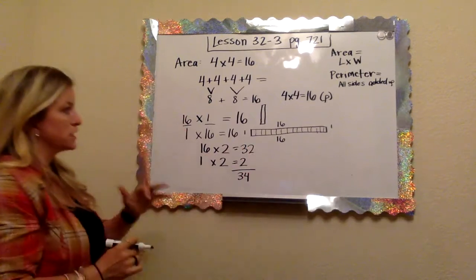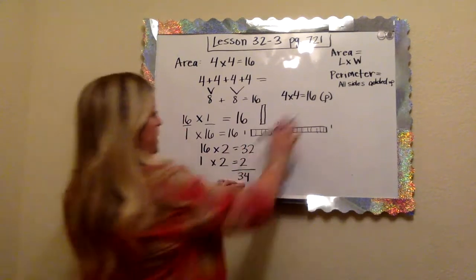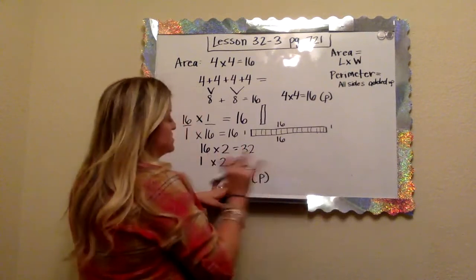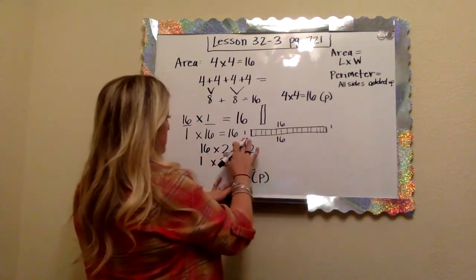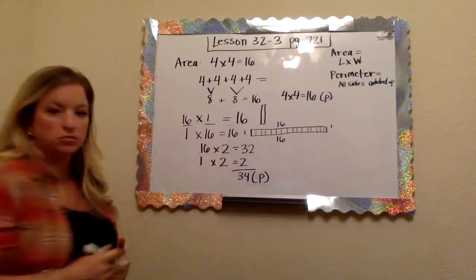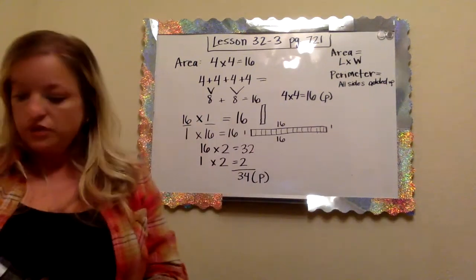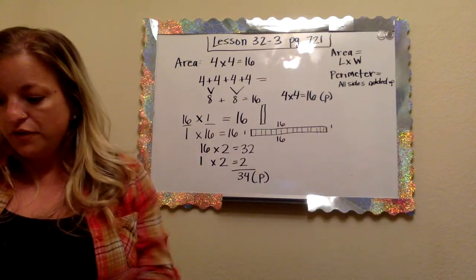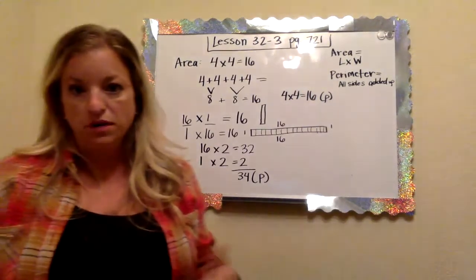So I have a much different perimeter. I had 16 and now I have 34. However, my area still is the same. 16 by 1, I have 16 blocks in that. So that would be an example of other rectangles that have the same area but a different perimeter.